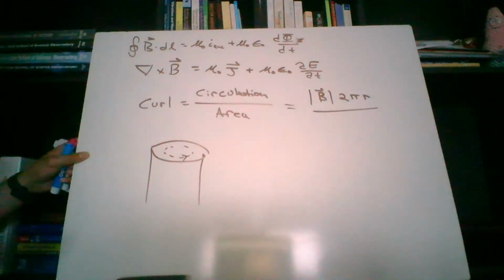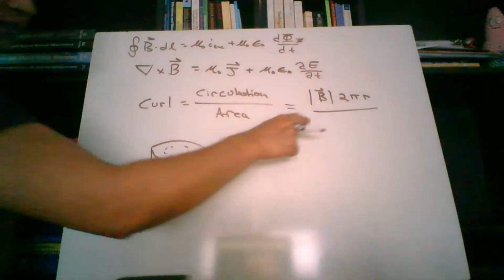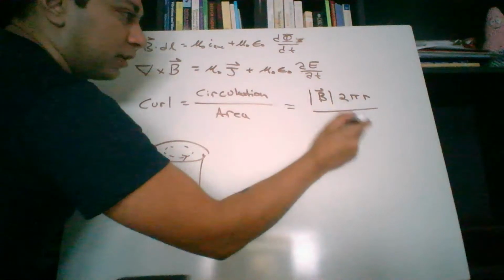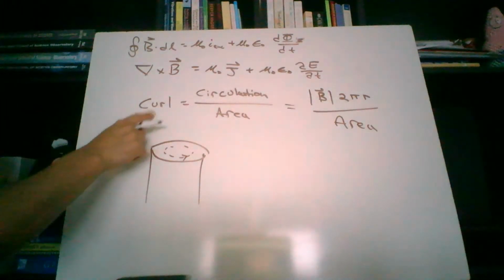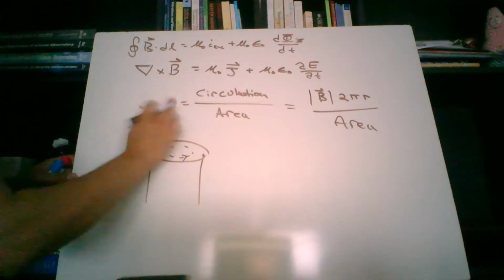And the area is given by pi r squared. Or we'll just leave it as pi for now. So it's going to be this over area. Okay? So that's what the curl, in this case, would be the curl of B.